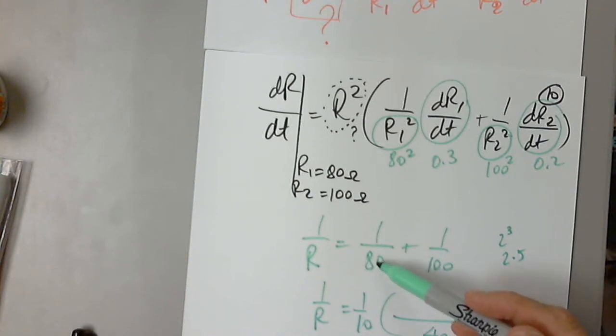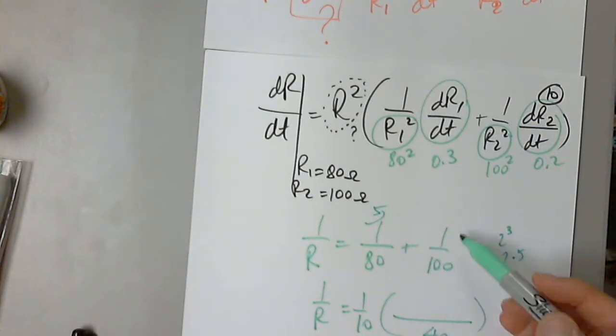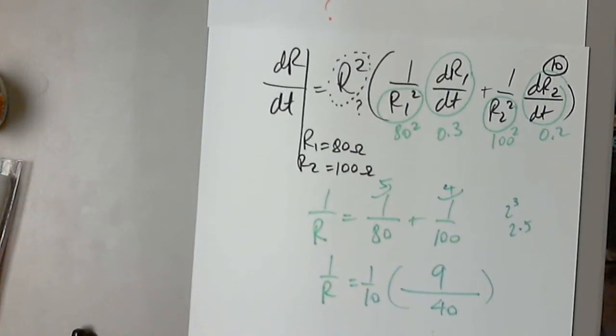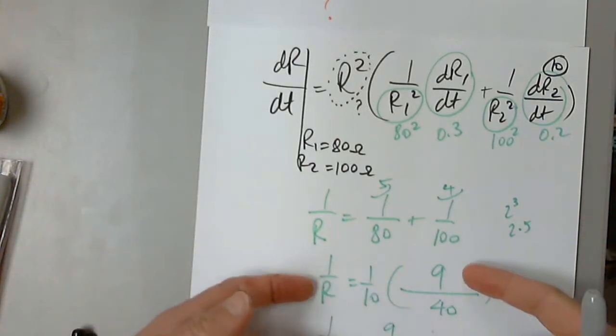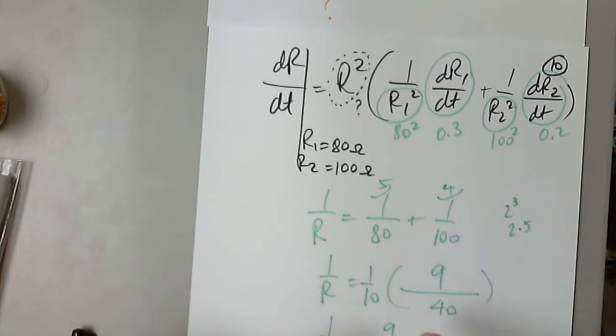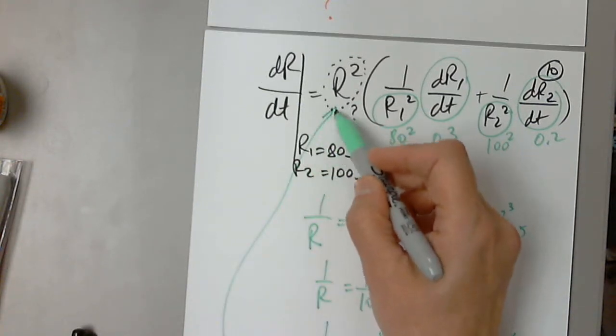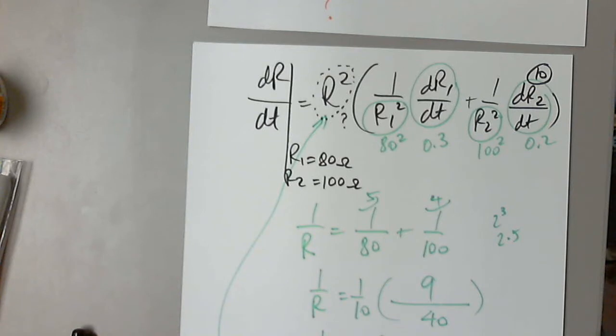So 40 divided by 8, this will be 5, and 40 divided by 10, this will be 4. So this is 9. So 1 over R equals 9 divided by 400, and now I flip. I'm allowed in a proportion to flip both at the same time, or just cross multiply. R equals 400 over 9 ohms. So this is what I have to put in R squared.